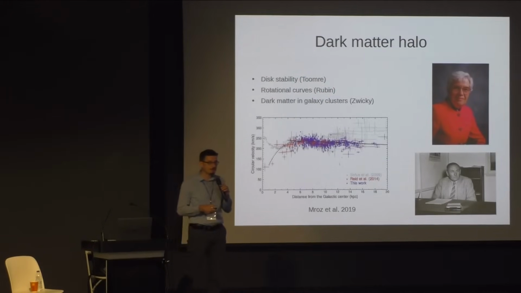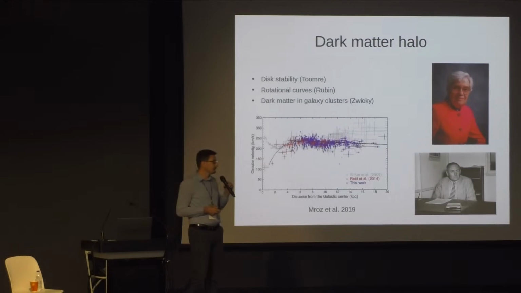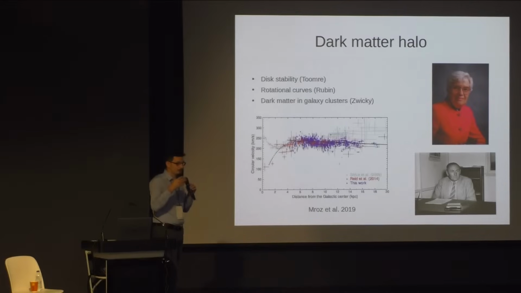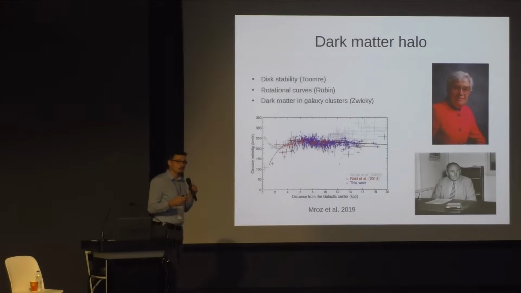If you don't have a dark matter halo, the disk will just fly away and won't be stable on long time scales, by which I mean more than 1 gigayear. So you won't have a stable disk on galactic time scales without a dark matter halo.